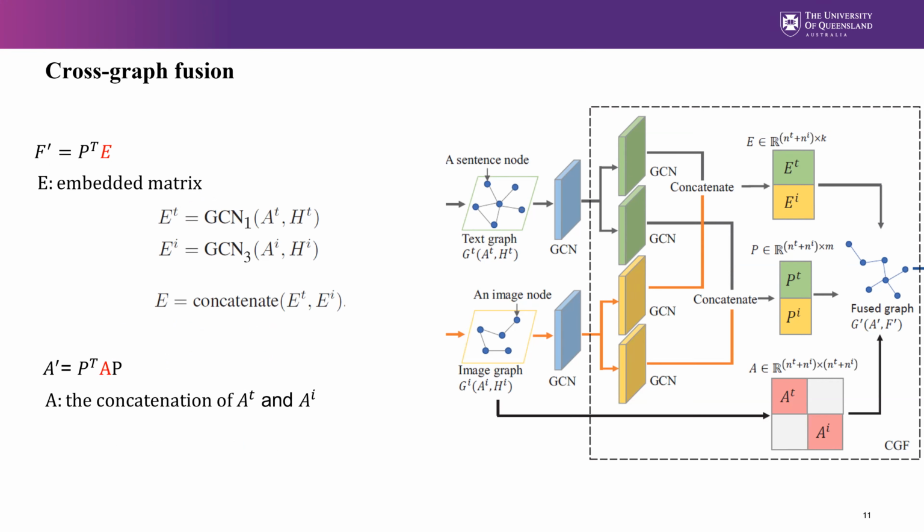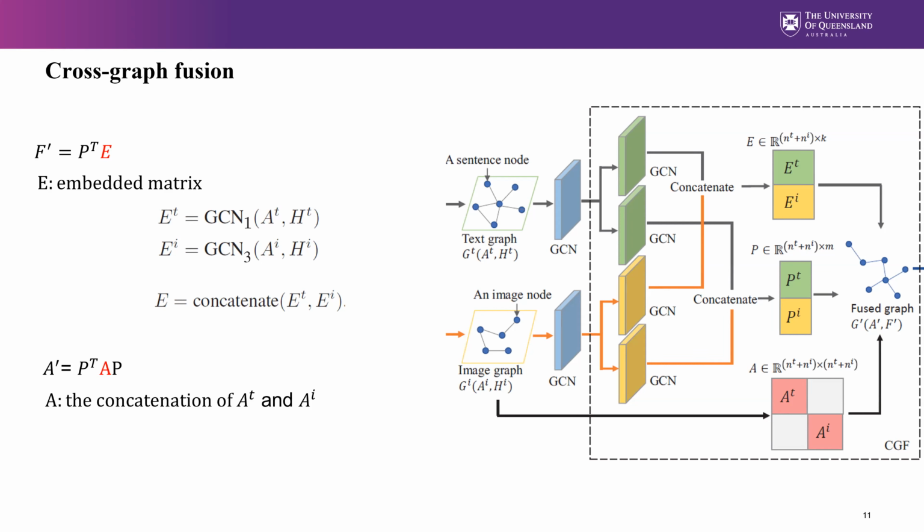The first GCN and the third GCN are used to learn the E_T and E_M matrices, and by concatenating these two matrices row-wise, we can get the embedding matrix E. So once we get matrix E and matrix P, we can calculate the feature matrix F prime. But how could we get the adjacency matrix A prime?